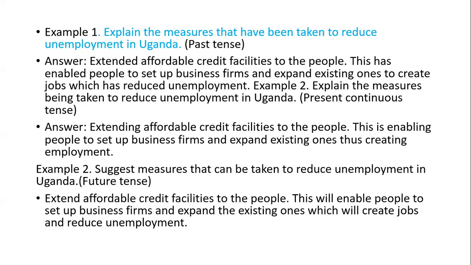If they even give your paper to somebody else who has not got a question paper, it is easier for you to know what part you were answering. So it is wise to begin with the introductory statement and say the following are the measures that have been taken to reduce unemployment. Let's desist this practice of simply coming and giving just because we think 3 hours are not enough. They are just enough.